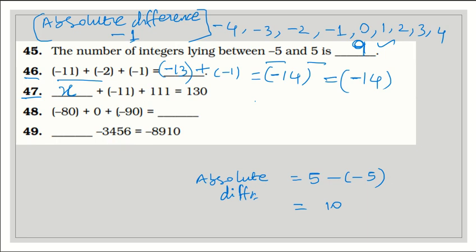Now you have already learned simple equations, right? So here we consider a variable x, and x added to this -11 and +111. You know how to add one negative integer and another positive integer.